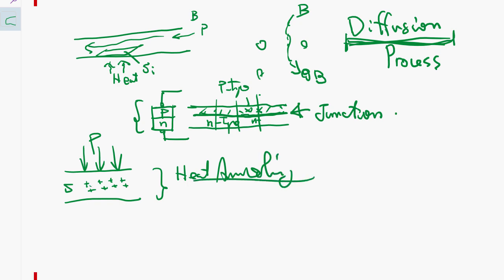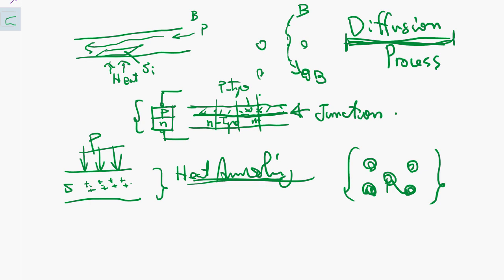This is a very violent way of putting phosphorus atoms in. The crystal structure is broken, but when you heat up and slowly cool down, then the atoms go to the right position and become like a very organized crystal with impurity. So this implantation method is also used.